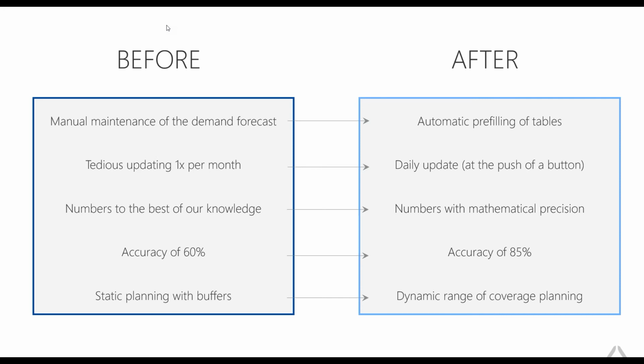And since you now have this accuracy, this daily update, this automation engine behind, as I said, you can switch from such a static assumption in your planning to a dynamic range, and that's now the benefit: reduce buffers in your planning. And when reducing buffers, when reducing inventory, of course, you can save a lot of money.